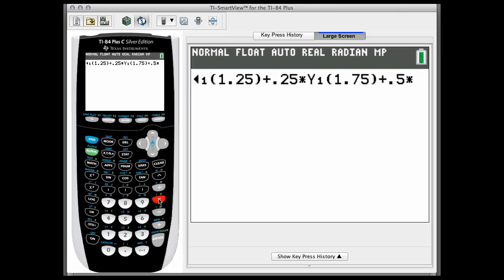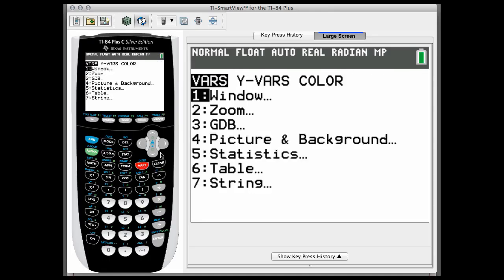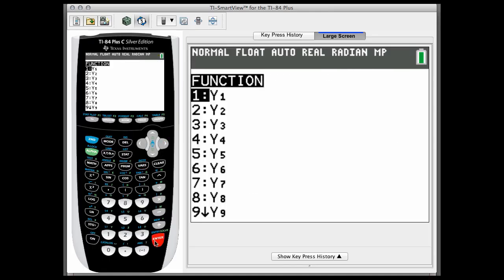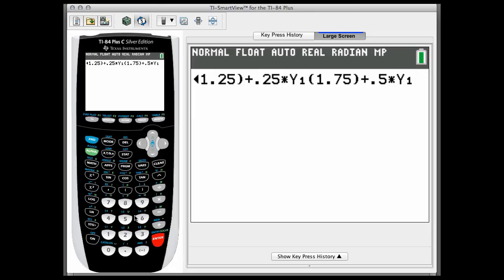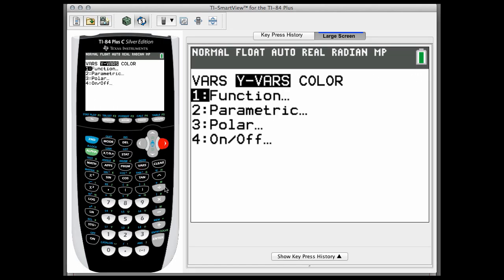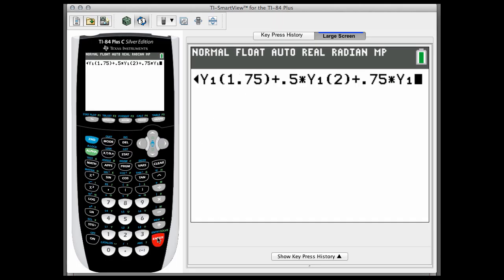Height we obtained by substituting 2 into the function. And finally, the last rectangle had a width of 0.75. And the height of that we obtain by substituting 2.75 into the function.